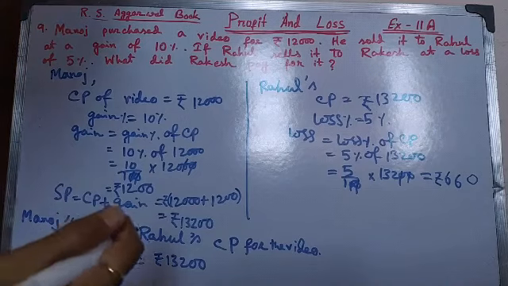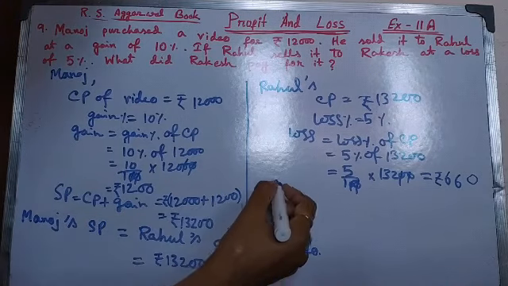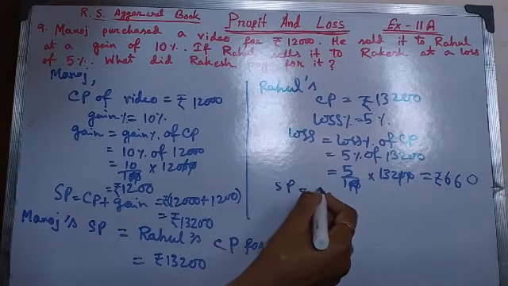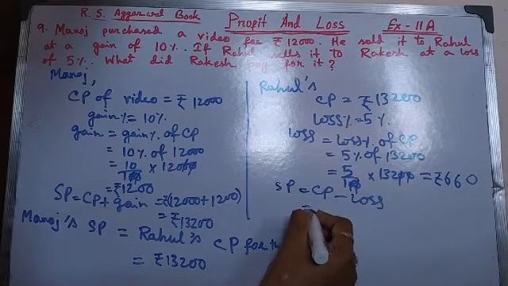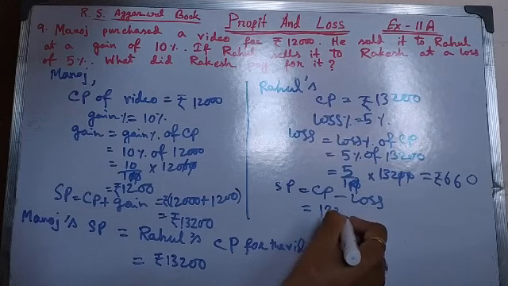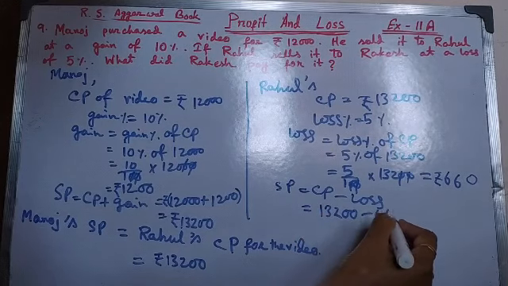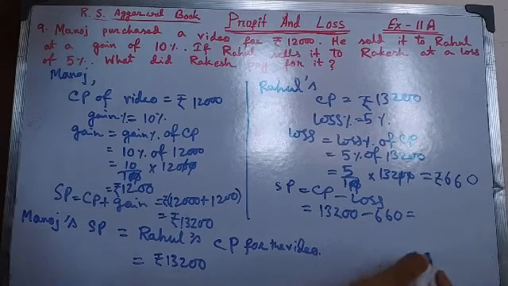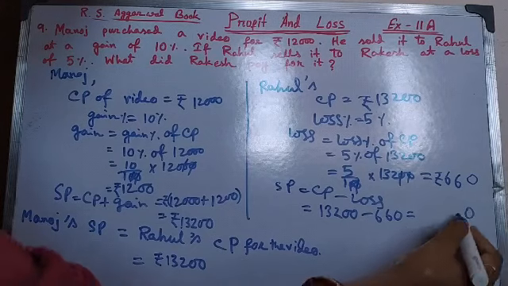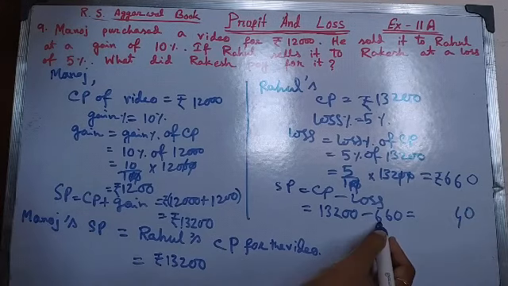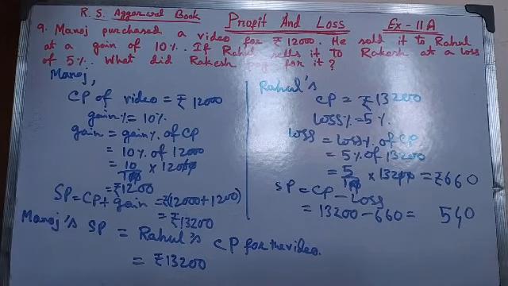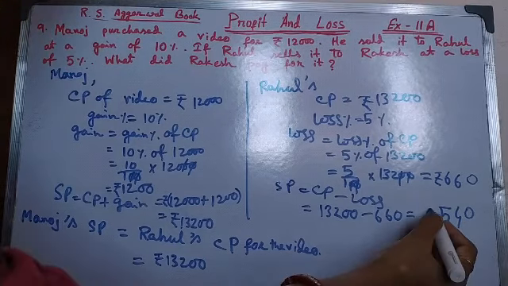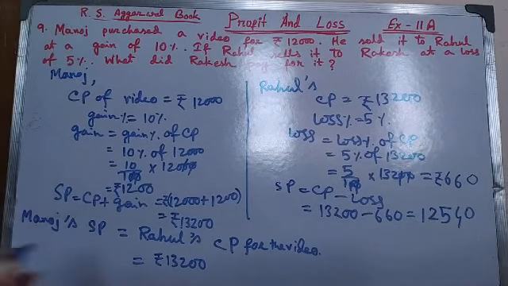Now we will find out the SP, Rahul's SP. So SP equal to CP minus loss. So CP is 13,200 minus 660. So it will be 12,540.